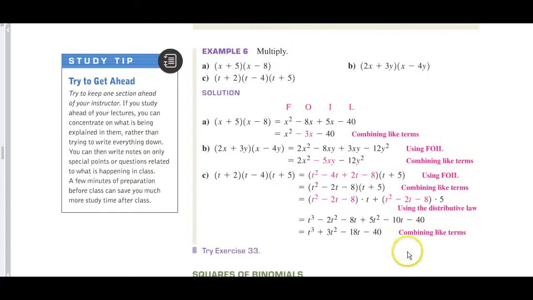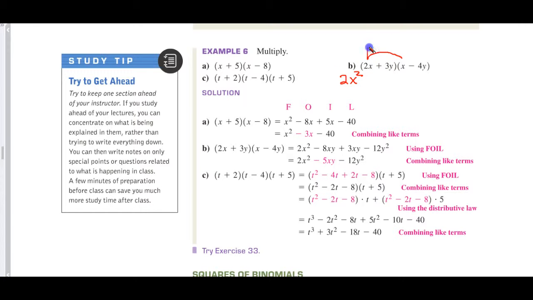Now, they have a lot of examples worked out here. Let's do letter B, I should say. So what you might do, even on your paper, is just make a little line. These are the first. So that's going to be 2x squared.